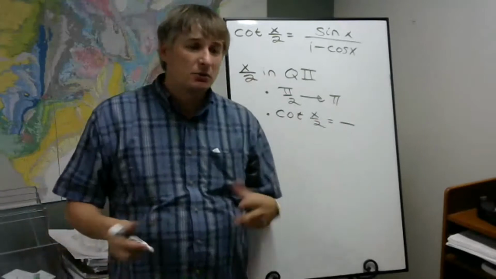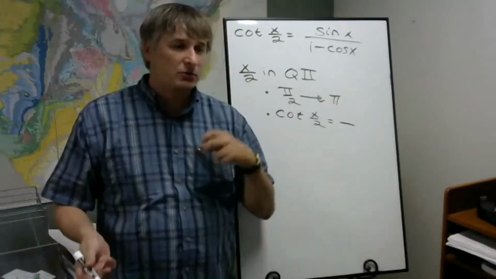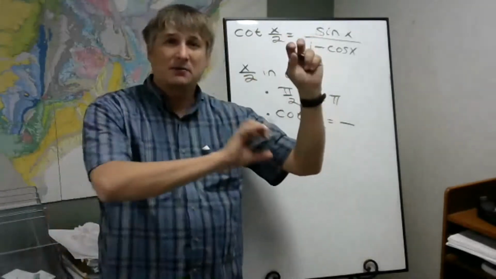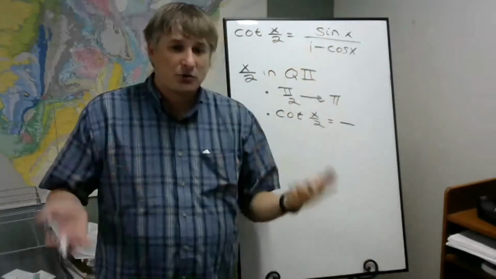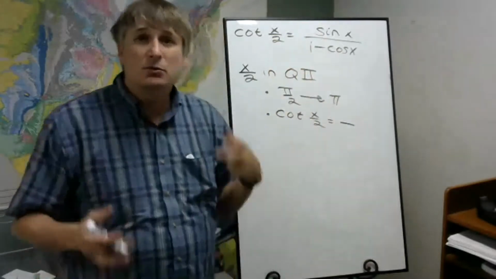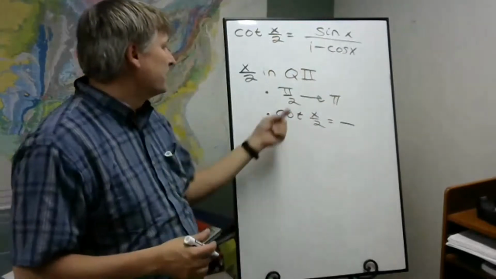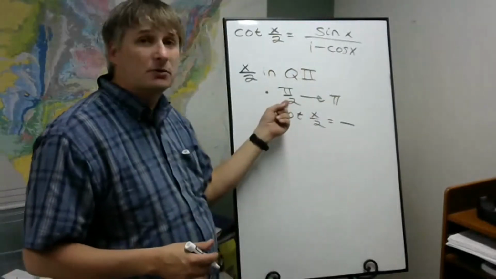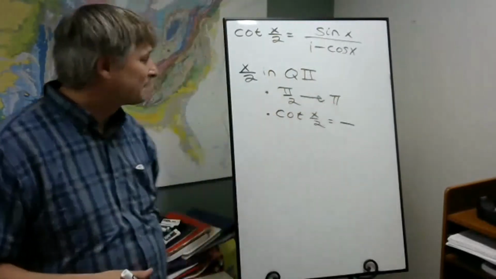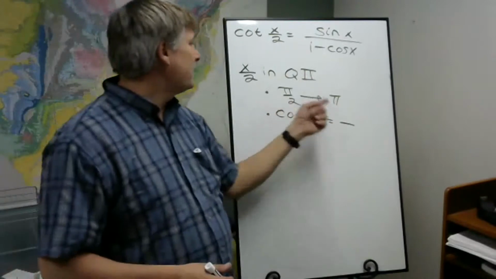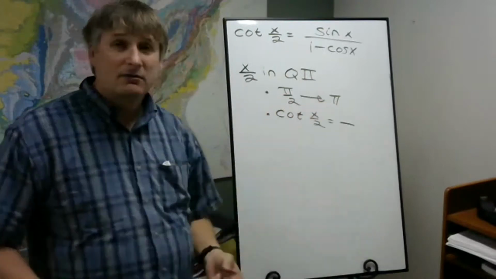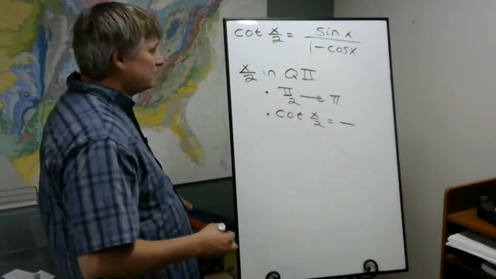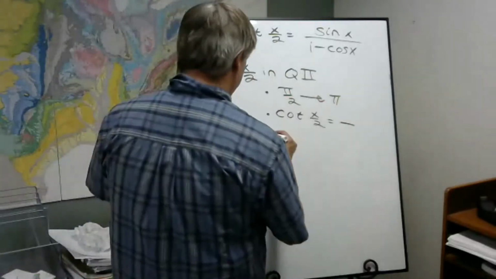You don't have to do that. You can look at your unit circle and take the ratio of the cosine divided by the sine, or the x divided by the y. That'll show you if you're going to get negatives or positives if you use coordinates from points or angles pi over 2 to pi. So if x over 2 is somewhere in here, we're going to get a negative cotangent. So what about x?